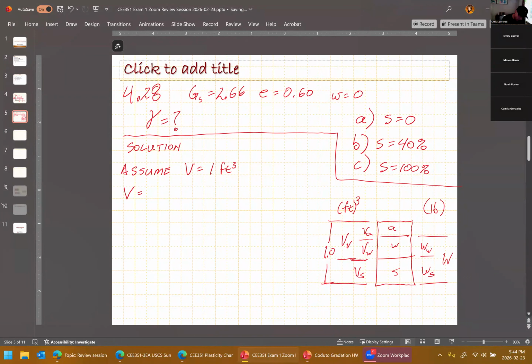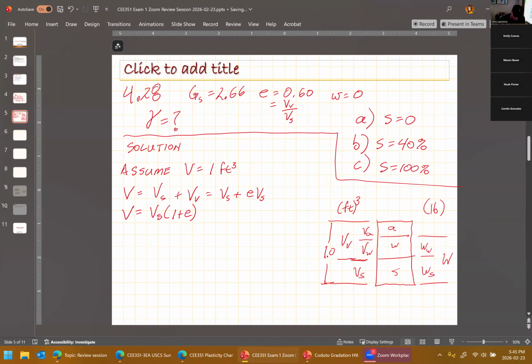But if the total volume is solids plus voids, and e is actually volume of voids to volume of solids, I can take that and sub it in here. Right? And then I can factor out that VS. Okay, so I emphasize that this was a really good one to remember.